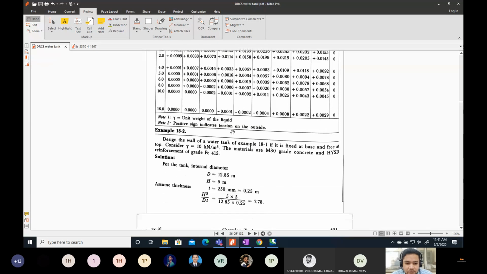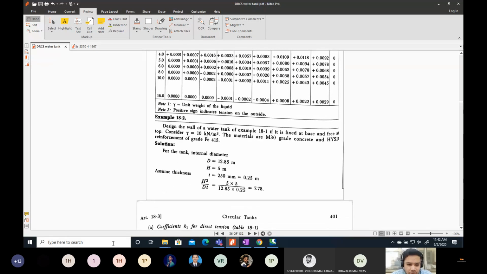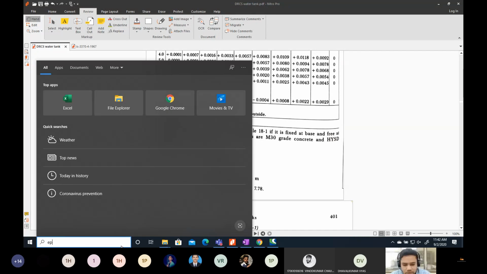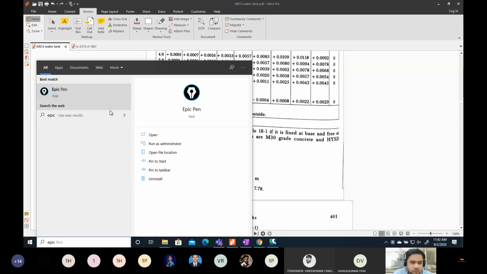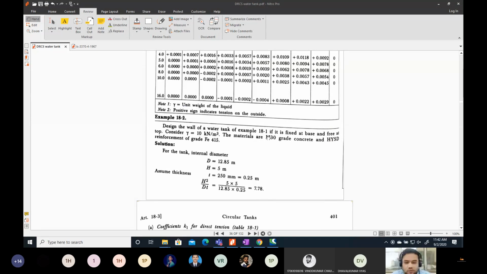Now let us take an example. Design the wall of a tank of example 18.1. The example we have solved, 18.1, the same example we'll be considering here.